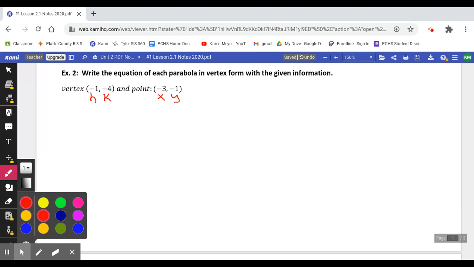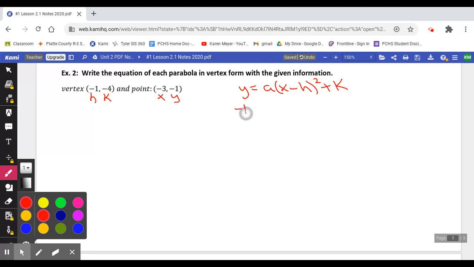So remember, vertex form is y equals a parentheses x minus h quantity squared plus k. And you're going to plug in for everything except for a. Okay, we always have to do the algebra work to find a.